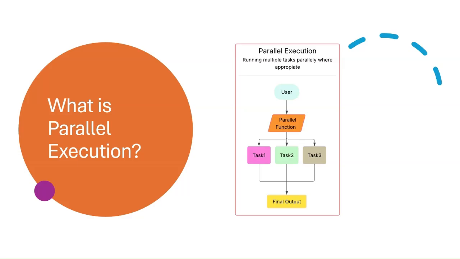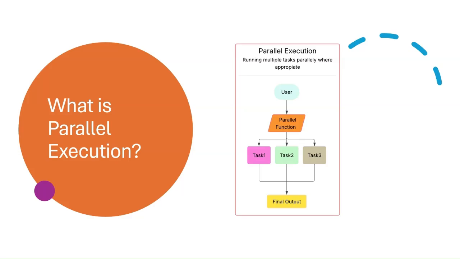This approach can significantly reduce overall execution time, especially when working with external systems like APIs or databases where latency can slow things down. By issuing multiple requests at once, you make your system faster, more efficient, and better suited for complex workflows. In short, parallel execution helps you move from step by step processing to smart concurrent execution.